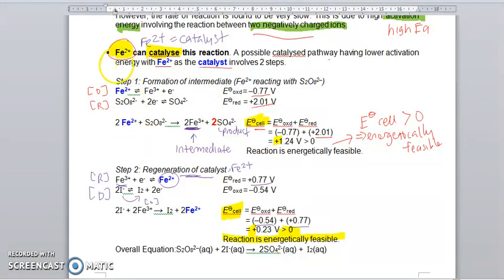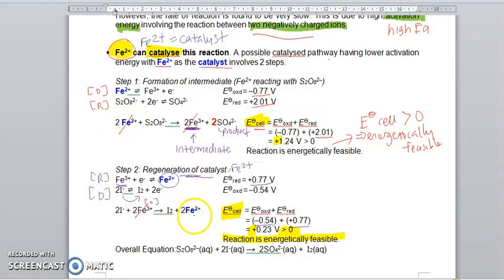So if I were to combine the equation in the first step and second step, that's how I get the overall equation here. So what I mean is, step 1, this particular equation, please add it up with this one. But you will realize one thing, the intermediate will cancel out. Do you notice that? Because the intermediate is formed in one step and used up in the next step.